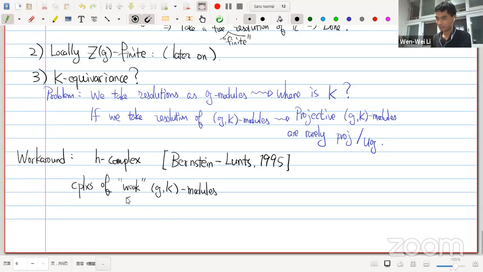Weak means you do not impose any compatibility between the K action and the G action on a module.